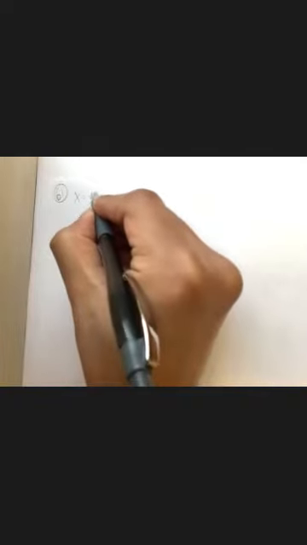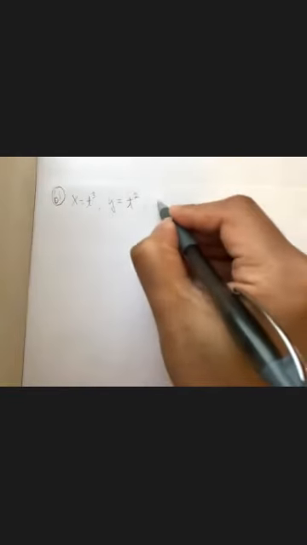So the curve given to us is x equals t cubed, y equals t squared, t is from 0 to 1, and we are rotating about the x-axis.